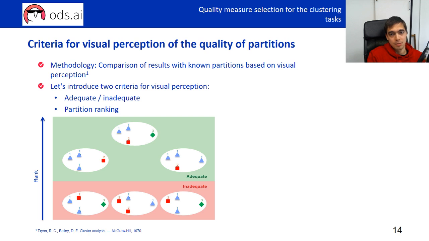So let's formalize this methodology. Let's introduce two criteria for visual perception. So the first one is evaluating the partition as adequate or inadequate, or the binary criterion. And the second one is comparison of partitions with each other for the purpose of ranking.